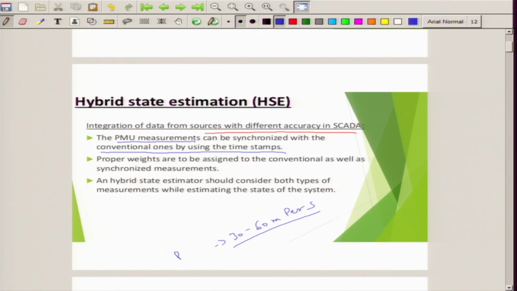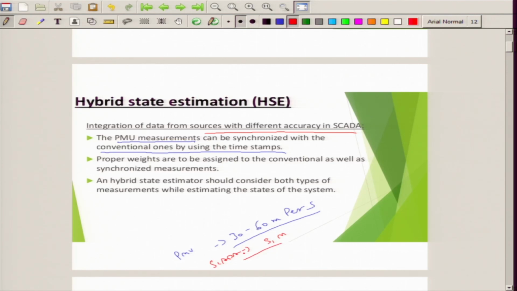And when you speak about SCADA based measurements, this may be in terms of seconds or minutes. So the frequency of data is high in PMU measurement, and also the accuracy of data is quite high.